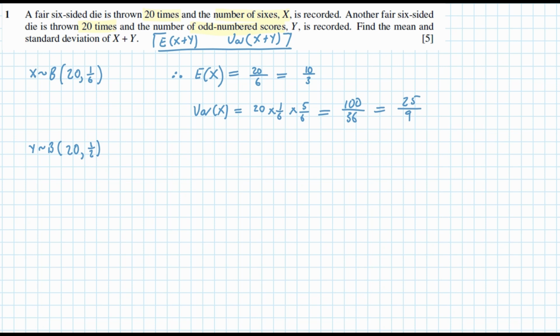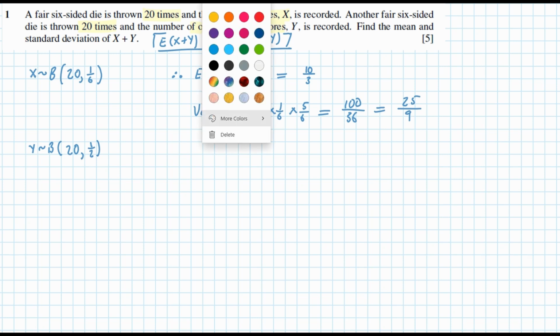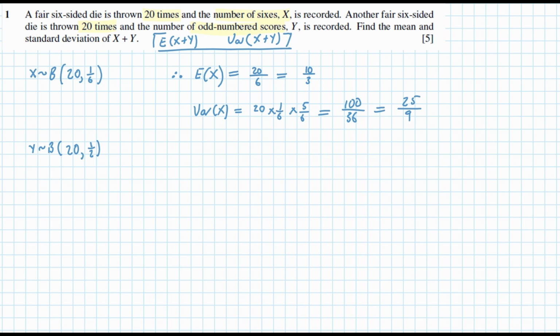E(Y) is therefore 20 times 1/2, which is obviously 10. And Var(Y) will be npq, 20 times 1/2 times 1/2, so it will be 5. Hope that makes sense. And now we're ready to go.